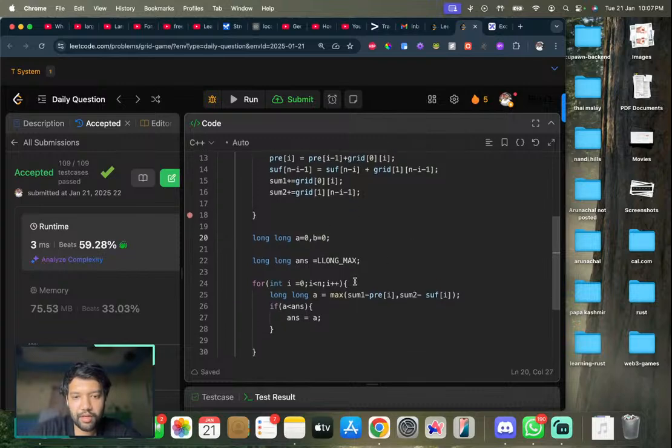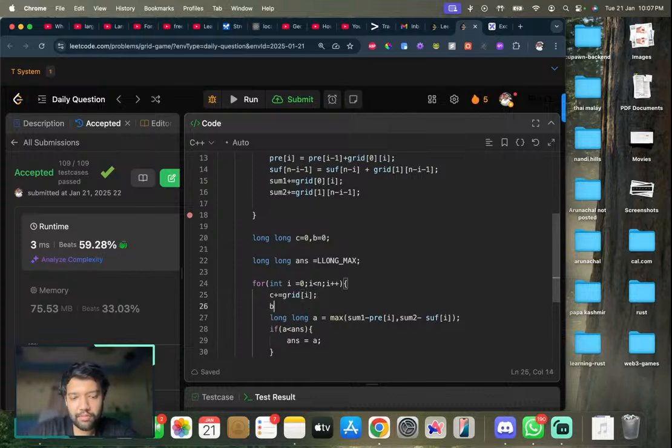Cool. Now, okay, c plus equals to grid of i, B plus equals to grid of n minus i minus 1. So C, B. That makes it work.